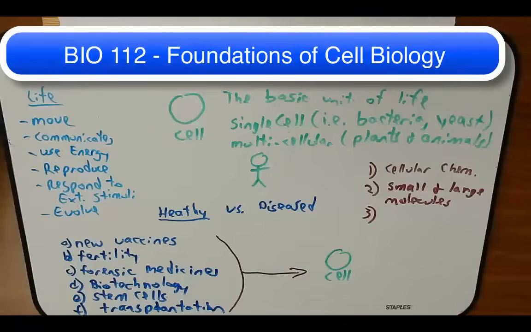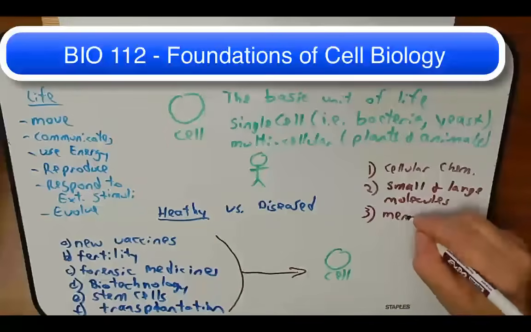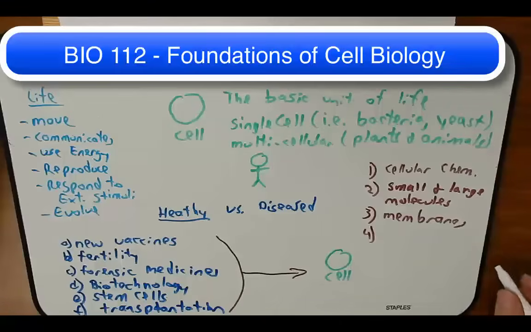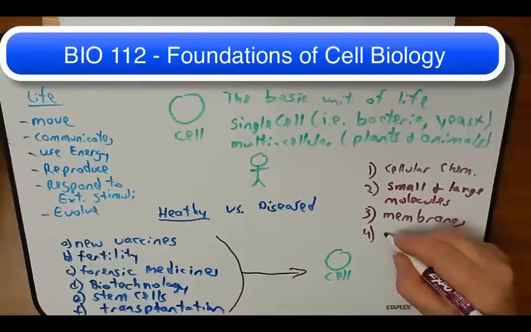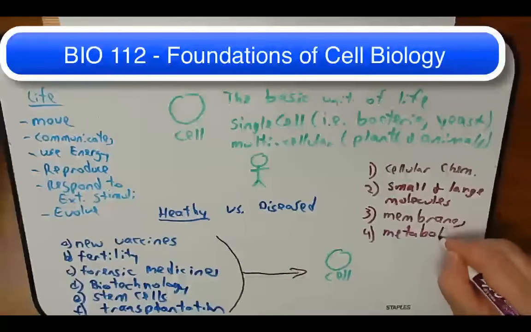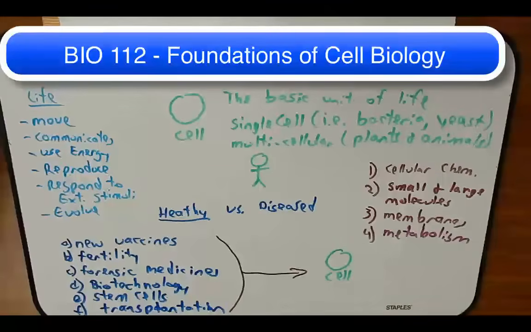We'll want to understand how they function and work together and build larger structures, for instance, membranes. We'll want to understand how within this cell here, it uses energy. So I'm just going to write metabolism. That's going to be important.